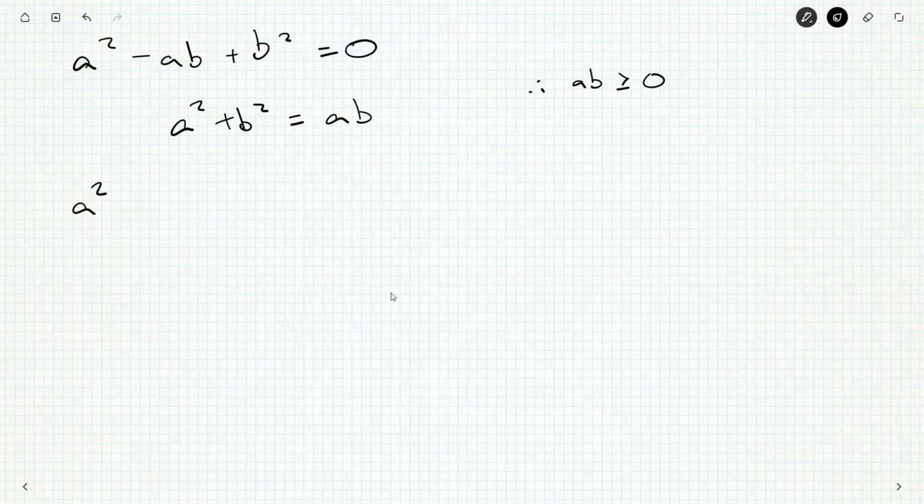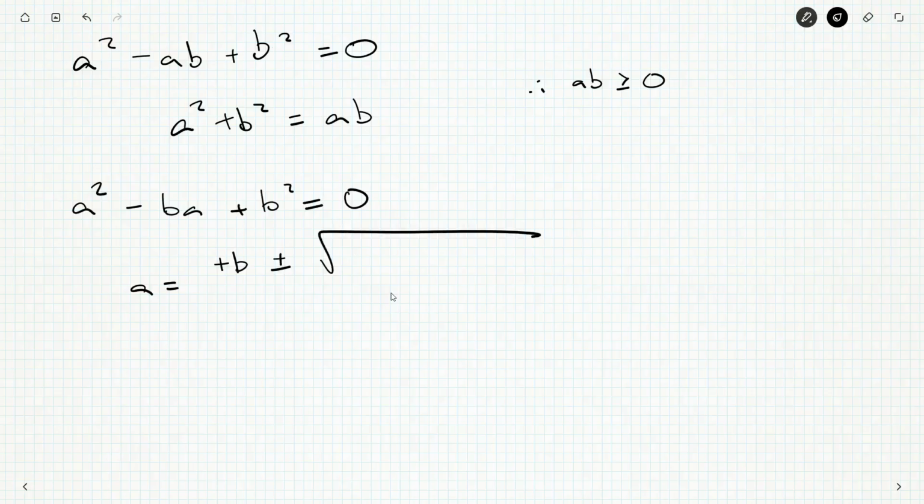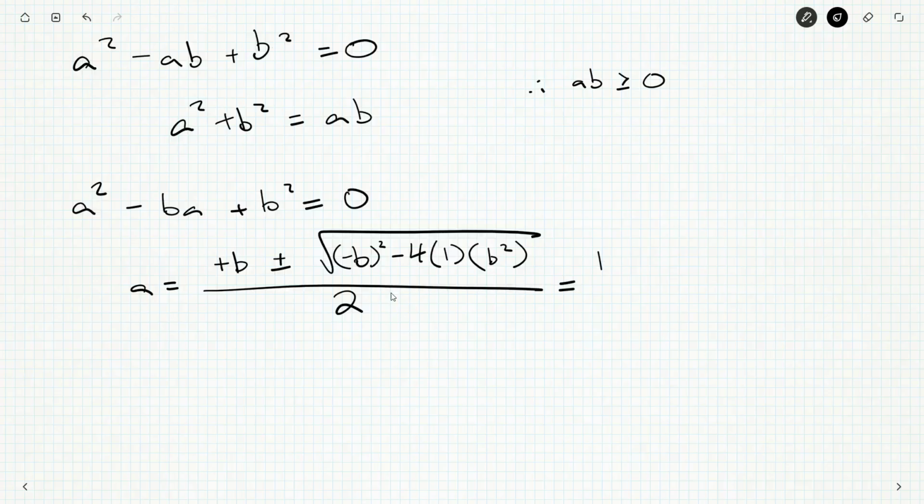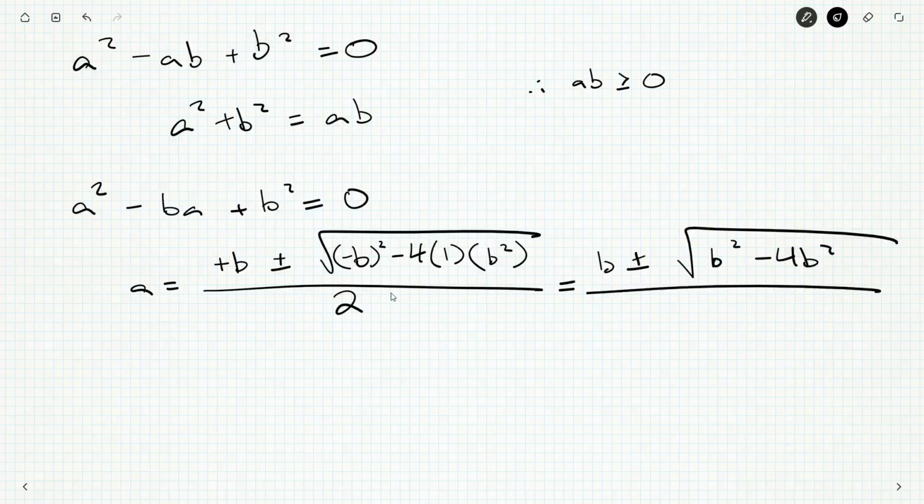So we'd have a squared minus ba plus b squared is equal to 0. So that tells me a is negative of negative b, plus or minus the square root of b squared minus 4ac, all over 2a. Okay, so that's b plus or minus the square root of, and we have b squared minus 4b squared.